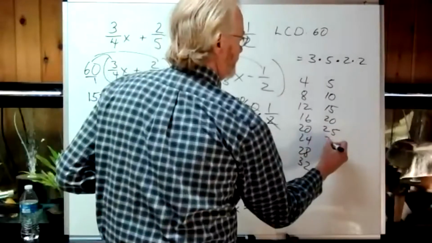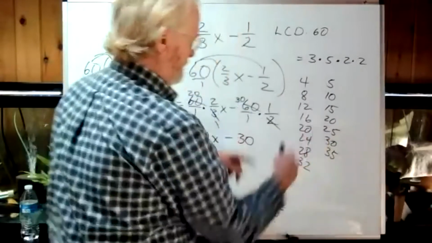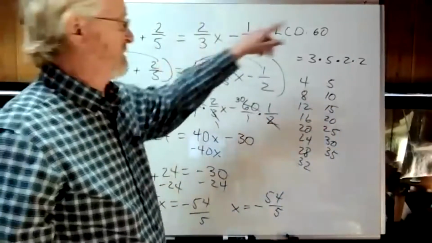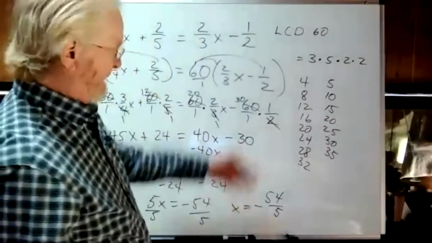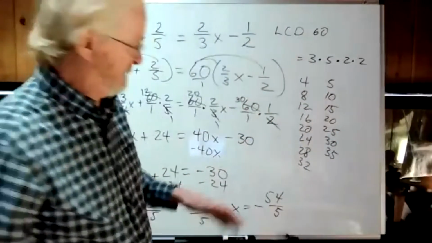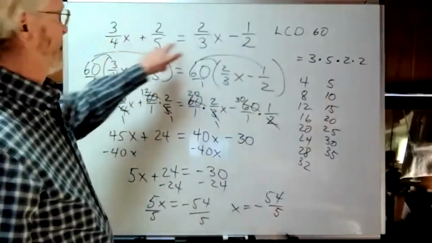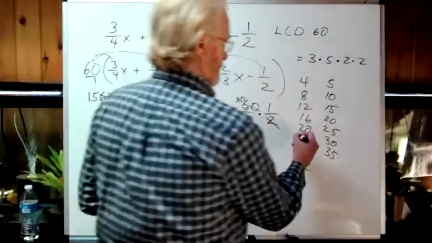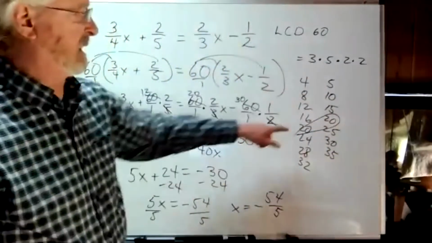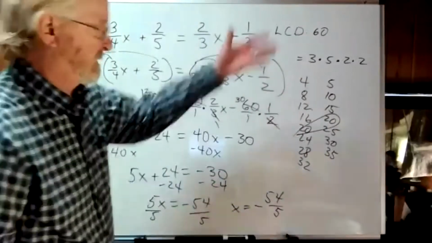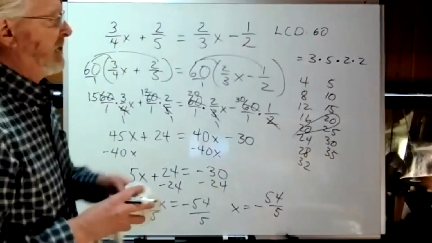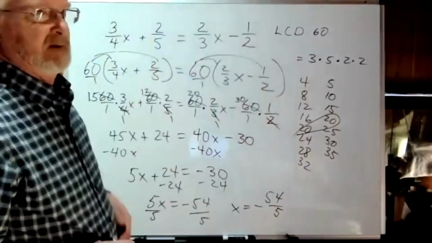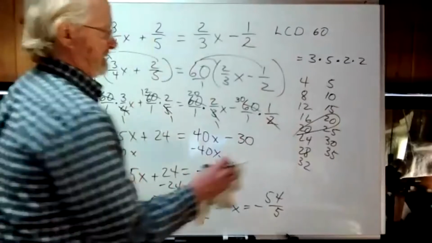But here I could keep going, right? Eventually I'm looking for, well, okay, 20 works for 4 and 5, but 20 is not going to work for 3. I'd have to do this long list for all the 3s. And actually it would be a long list before I got to 60 that worked for all 3 of those numbers. But you can just find all the multiples until you find a common multiple. If I was just worried about 4 and 5, I'd stop at the 20. So you can just work down a list like this. Breaking it down into all the different prime factors is the other way to do that.